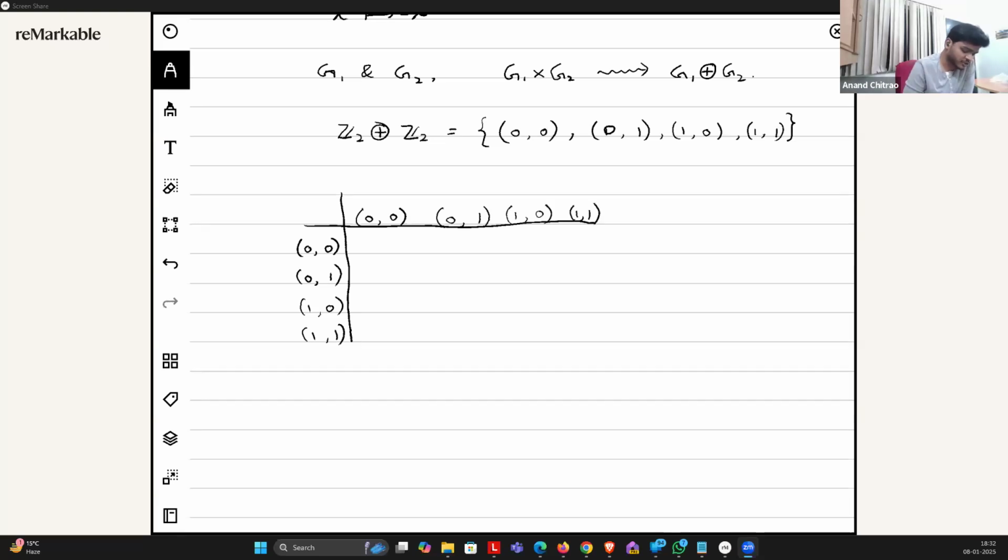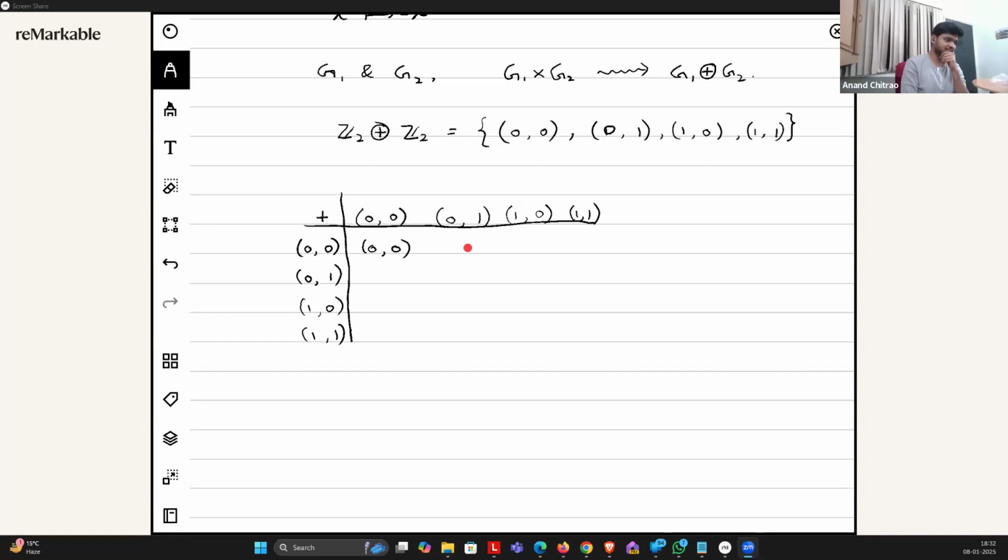Okay. So it's common sense. What can (0,0) plus (0,0) be? The naive guess is the answer. Let's call this plus. So what will you assign (0,0) plus (0,0)? (0,0).